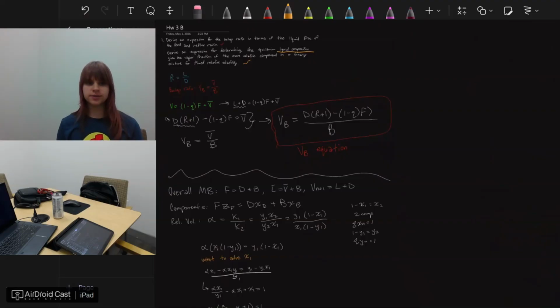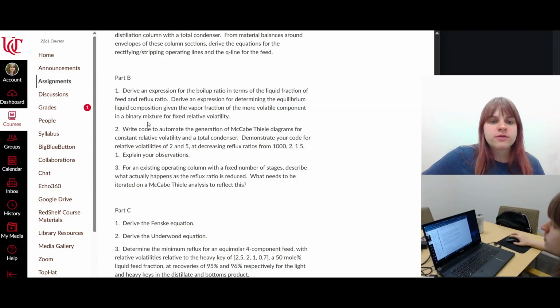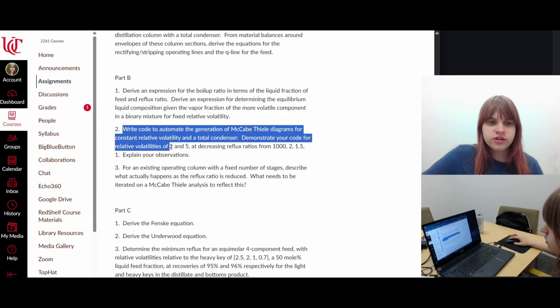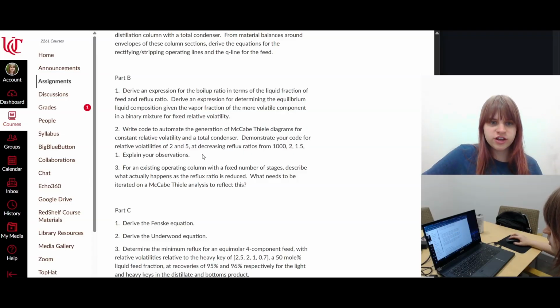And we are going to demonstrate the code for different relative volatilities as well as different reflux ratios, and we're going to talk about how the reflux ratio affects our column. As I was saying, we're going to do the McCabe Thiele diagrams, changing the relative volatilities and the reflux ratio to see how that changes things.